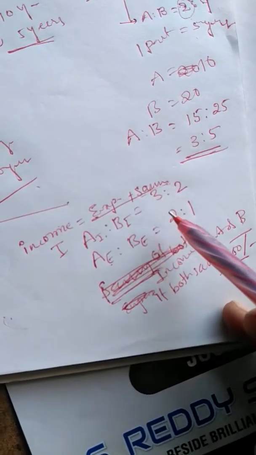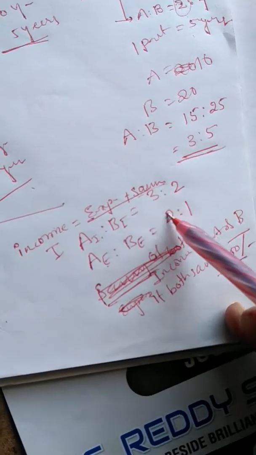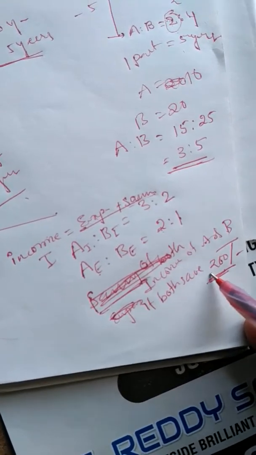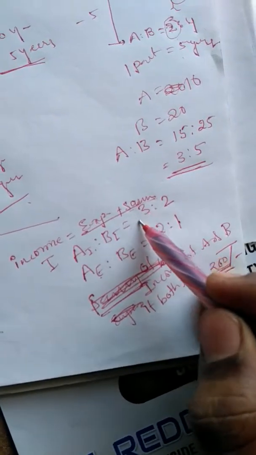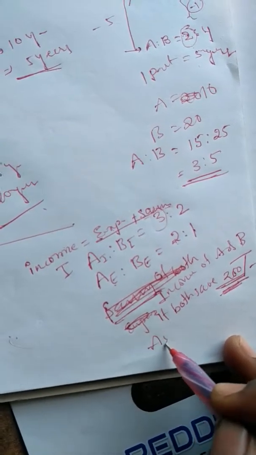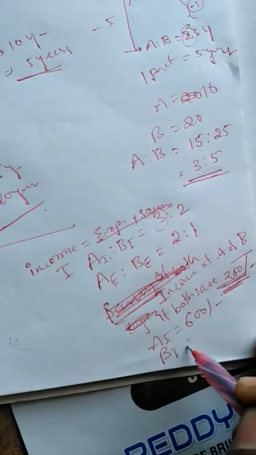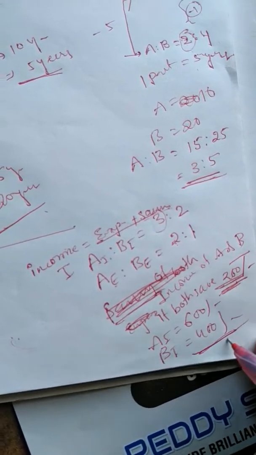Income of A is 3, expenditure of A is 2, so 3 minus 2, how much? 1. 2 minus 1, how much? 1. Means one part is changing. So for one part changing, how much are they saving? 200 saving. So then the income of A directly becomes 600, and the income of B directly becomes 400.